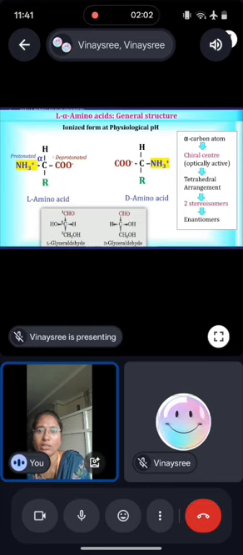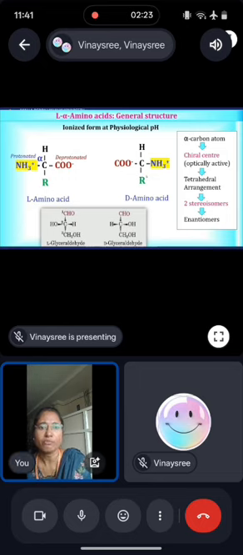The L form contains the amino group on the left side, whereas in the D form the amino group is present at the right side. You can see the amino group, the carboxylic acid group, H and R. R is the side chain or group attached to it.